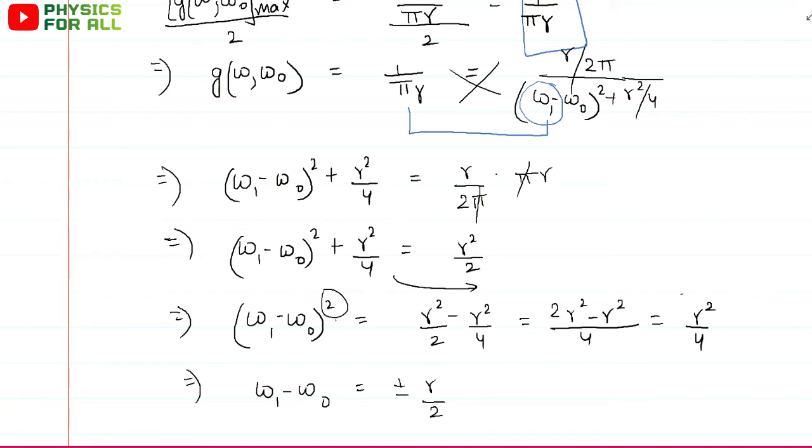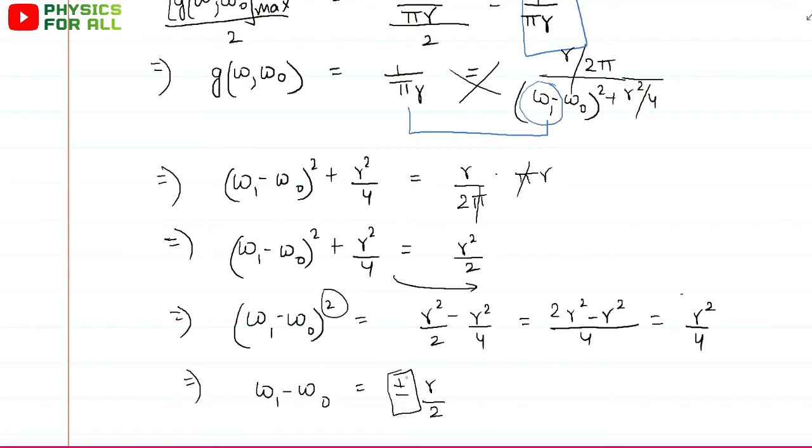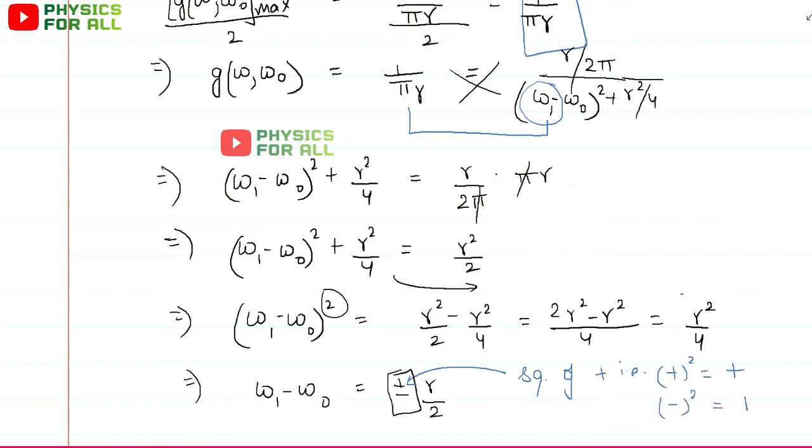Whenever we take the square root, we always mention plus and minus terms. Why? Because square of a positive number is also positive and square of a negative number is also positive.